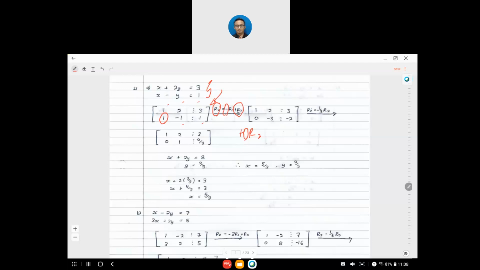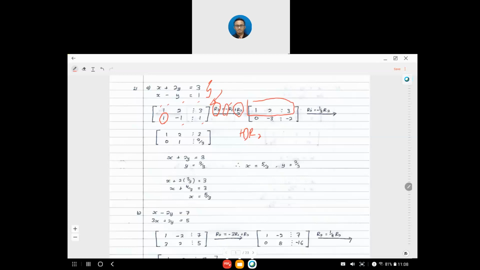So in this case, because this is a 2 by 2 matrix, you only have 2 rows. And then row 1 is 1. So we know that 1 minus 1 equals 0. So here you can put negative R1 plus R2. First copy the exact values from the previous one because row 1 does not change.